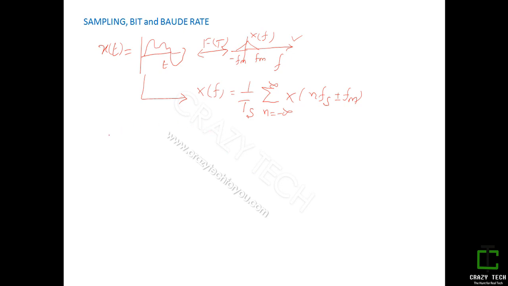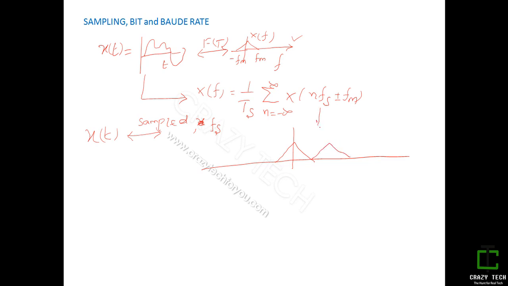Okay, so if a signal xt is sampled at a rate of fs, then my converted signal in the frequency domain would look like this.